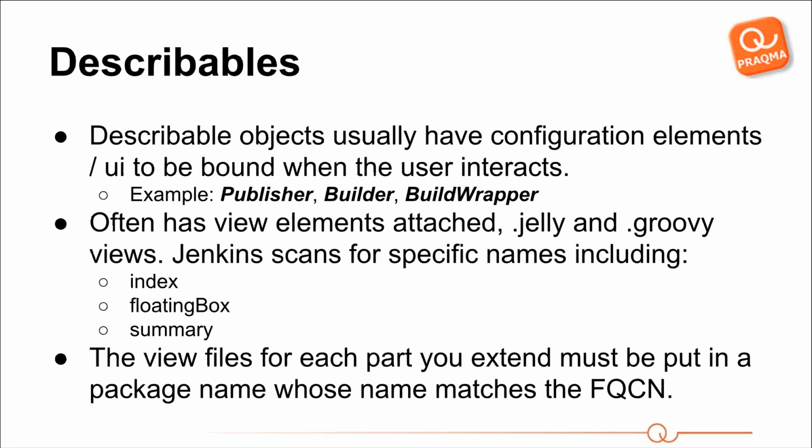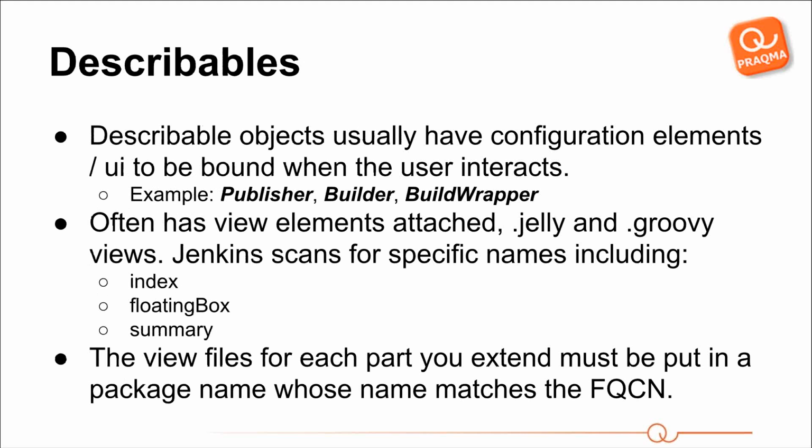These describable objects often have views associated with them, and views can be developed either using Jelly or Groovy. And there's a standard for that. So Jenkins will look for some specific named Jelly or Groovy files for representing these views. Index, floating box, and summary. I've just listed a few of them.